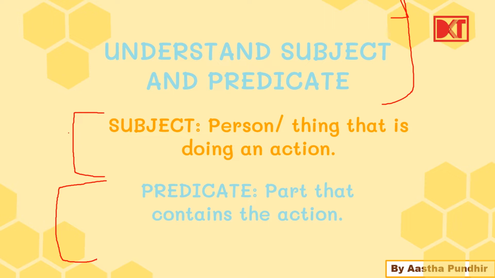Which means subject is something or someone which is performing the predicate. Once you understand which is the subject and which is the predicate, it becomes easier for you to solve those jumbled words which you are given and form a meaningful sentence.